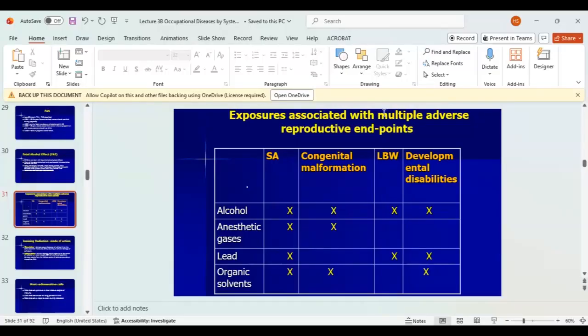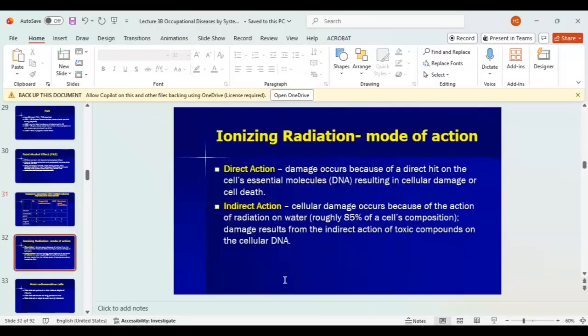Alcohol can cause spontaneous abortion, congenital malformation, low birth weight, developmental disabilities; anesthetic gases, spontaneous abortion, and congenital malformation; lead, and organic solvents. So it is well established that certain chemicals can lead to adverse reproductive outcomes.